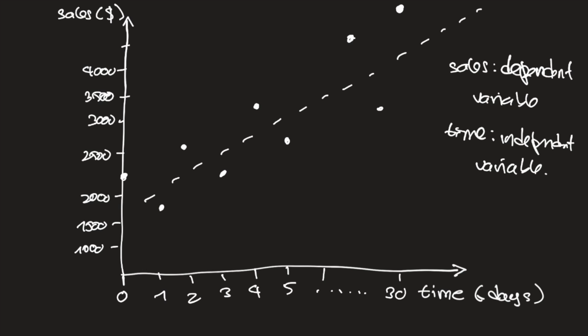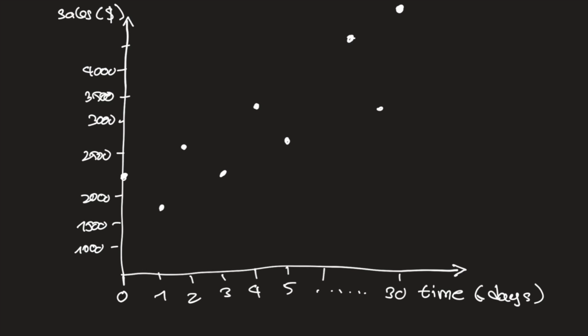So the dependent variable is going to be the sales after the campaign of the competitor. And time, well, that is the independent variable. This is what we actually measure, and we want to predict what is going to be the sales after a given amount of time. So how do we find what that relationship is? How do we calculate that line?